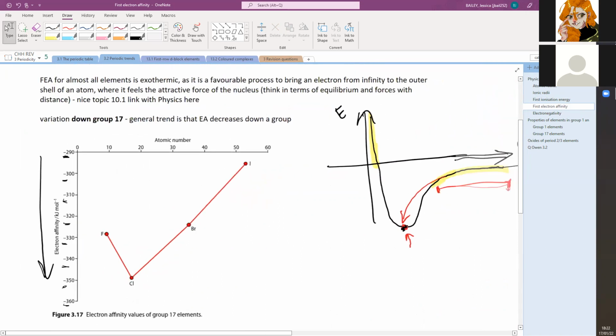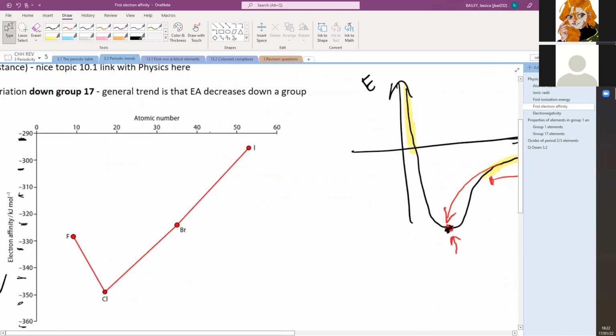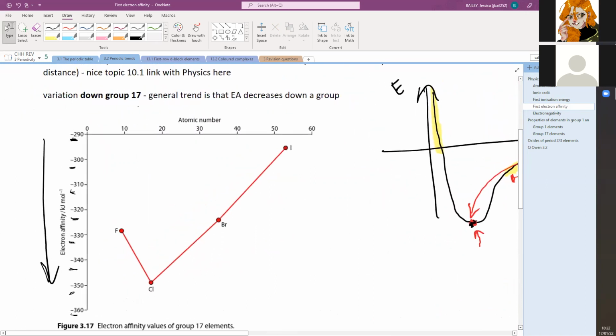So here, this says that as you go down a group, specifically group 17, your electron affinity decreases. What it means by decreasing is the magnitude of that number decreases, because actually you can see that the trend here is going upwards. What it means is to refer to the value there. So here it's 360, and then there it's 290.